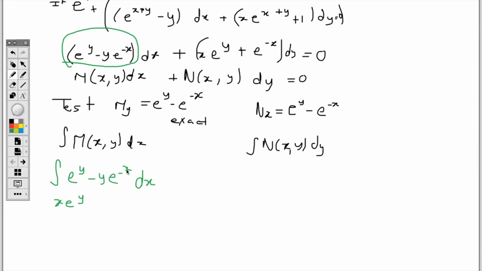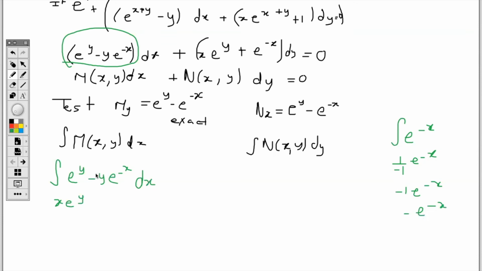Integrating e to the minus x and treating y as a constant, when you integrate e to the minus x, it becomes 1 over negative 1 times e to the minus x. And this is the same thing as negative 1 e to the minus x, which is minus e to the minus x.